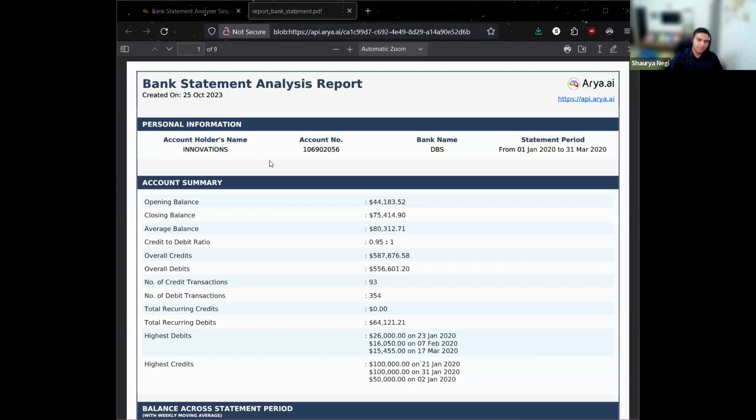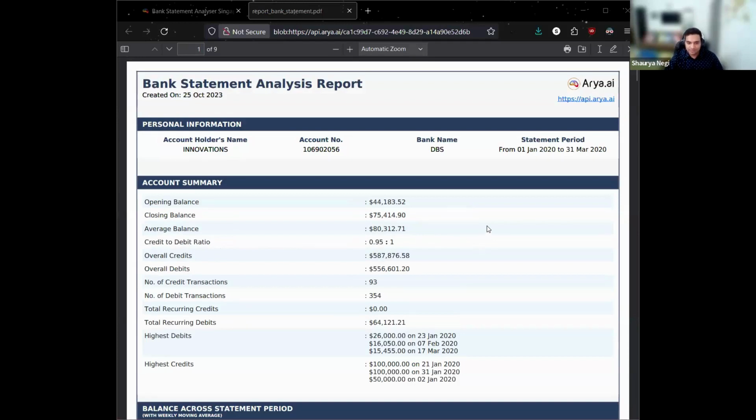Okay, so it's a bit open-ended question. I would like to know what metrics do we mean by capturing the financial health of a customer? So we have the basic information here, like credit to debit ratio could be a way of understanding the financial health of a customer, right?